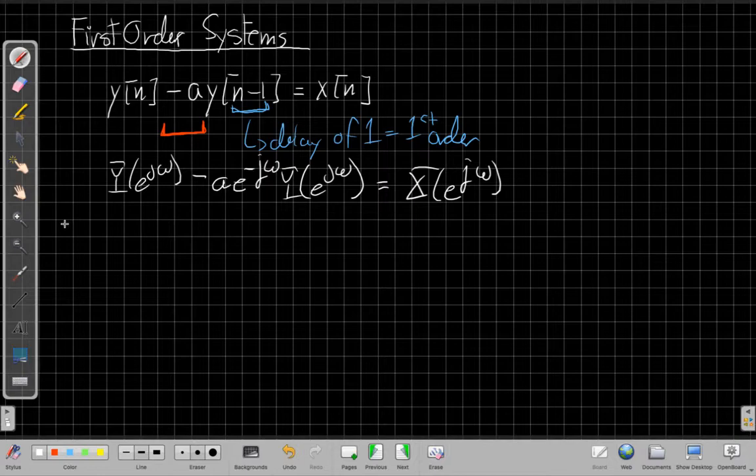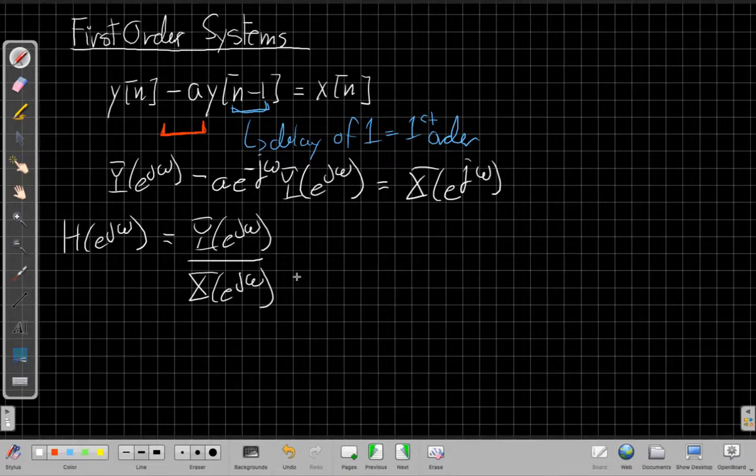And now to solve for the frequency response H of e to the j omega is the ratio of the output Fourier transform, Y of e to the j omega, divided by the input Fourier transform, X of e to the j omega. And when I do that, I divide both sides and factor things out. We've done a bunch like this, so I'm going to just cut to the chase here. It's 1 over 1 minus a e to the minus j omega. Right, so this is my frequency response. And we'll see in a minute, when we look at the magnitude of this, how it looks in frequency.